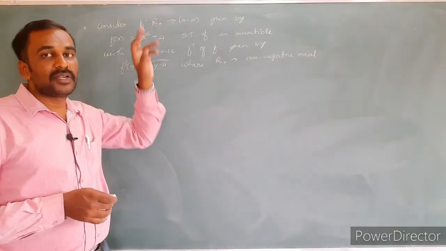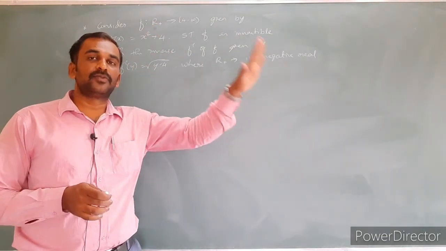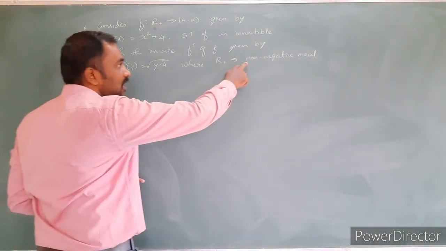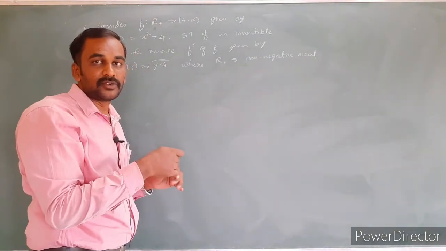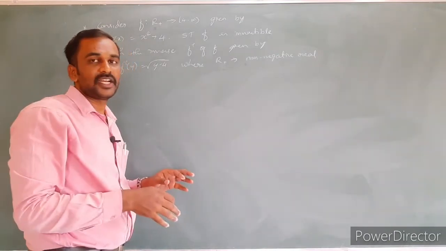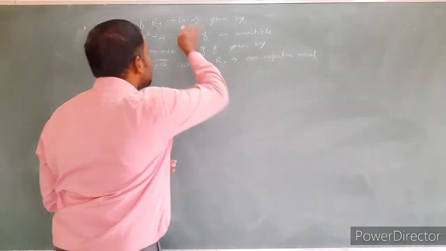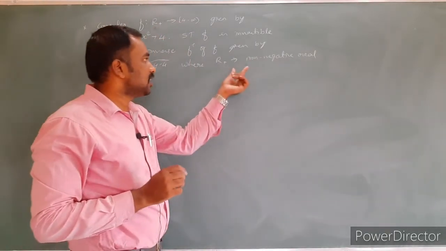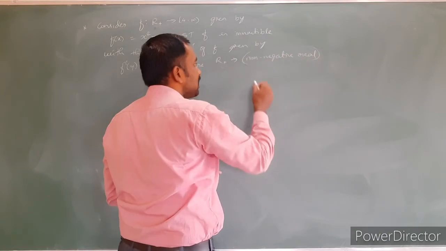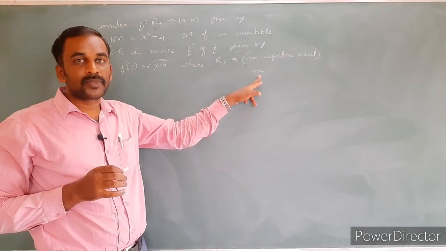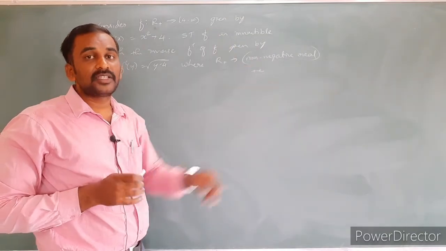Here it includes 0 and all the positive real numbers, because they are particularly mentioning non-negative. It should not be negative, so including 0, all the values. Suppose if they mention positive real numbers instead of non-negative, in such a case 0 is not included. In this case 0 is included.